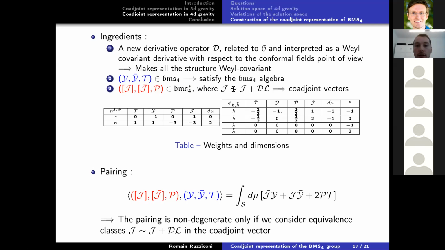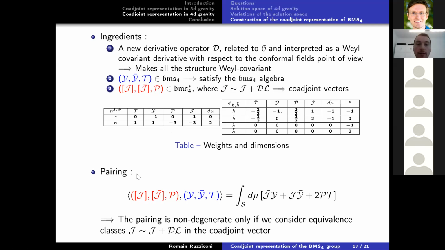These equivalence classes of super angular momenta are defined through the following equivalence relations. The different objects that we introduce here to construct this coadjoint representation have some weights that are displayed in these tables. Here it's the weight in terms of the weighted scalar point of view, but I have also displayed the weight in terms of the conformal fields point of view.